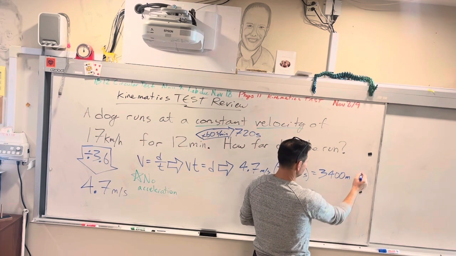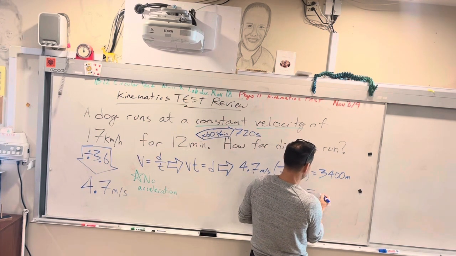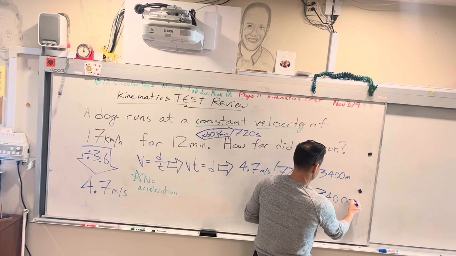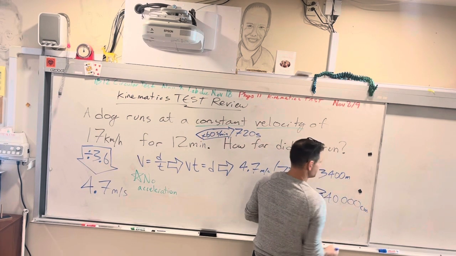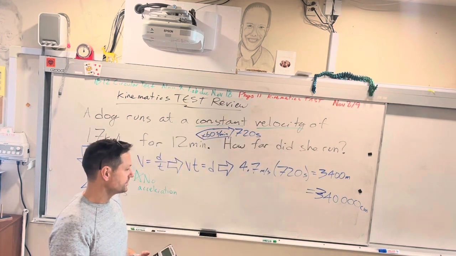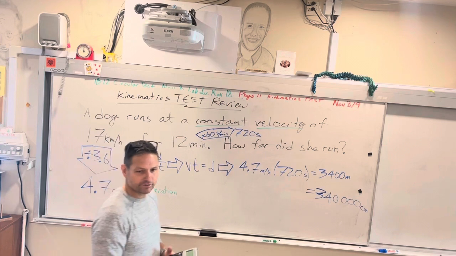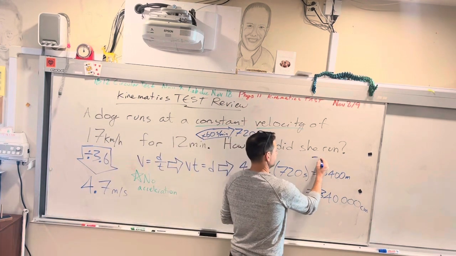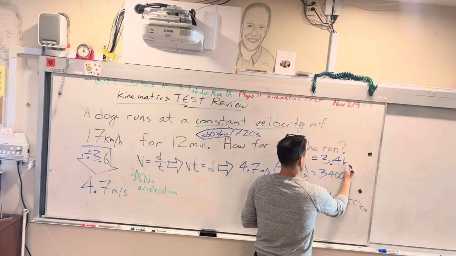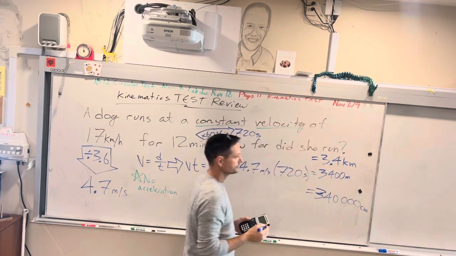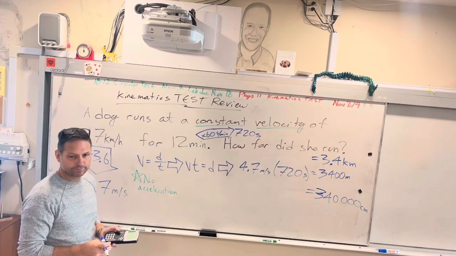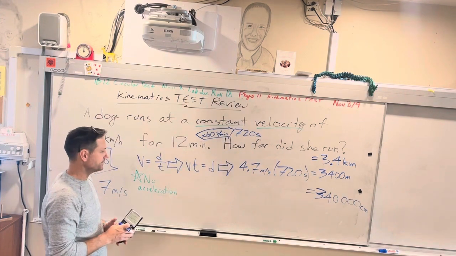If you add 2 zeros on, 340,000 centimeters. So know your conversions. How many kilometers? 3.4. Good. Divide by 1,000 to get 3.4 kilometers. That's a long way. Going 17 kilometers an hour.